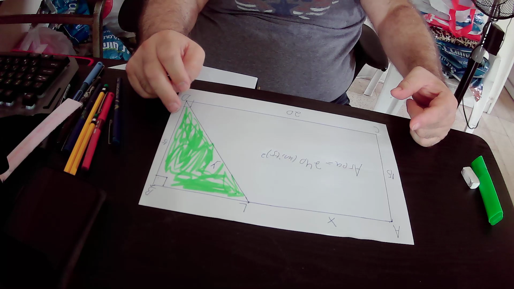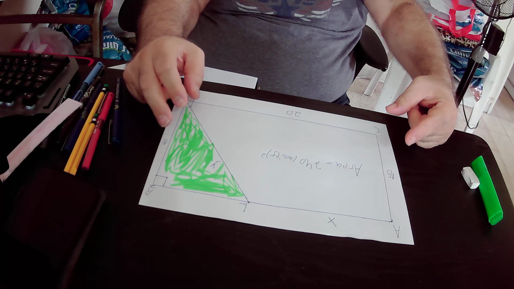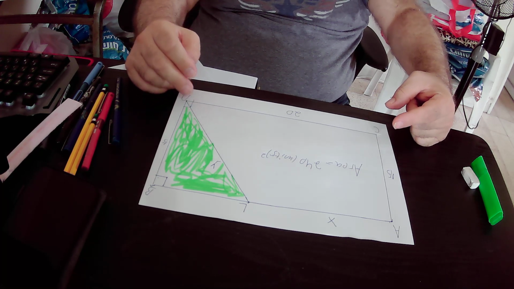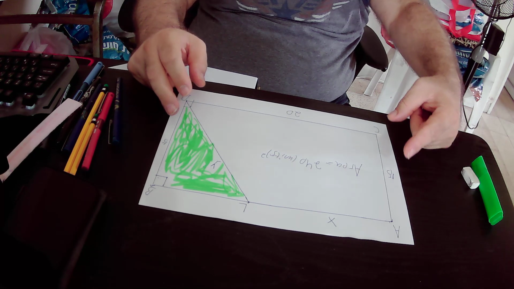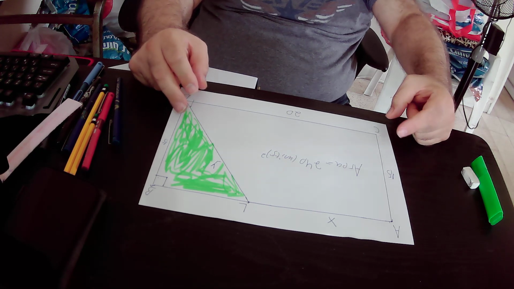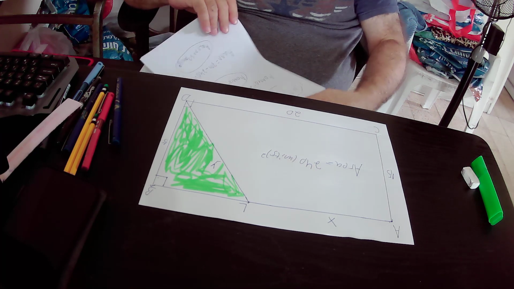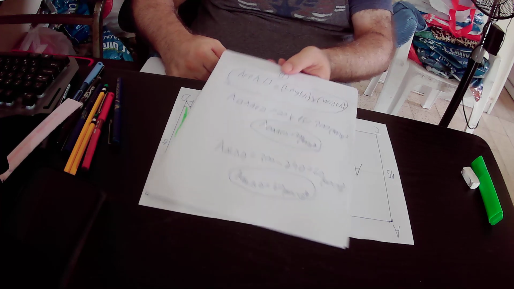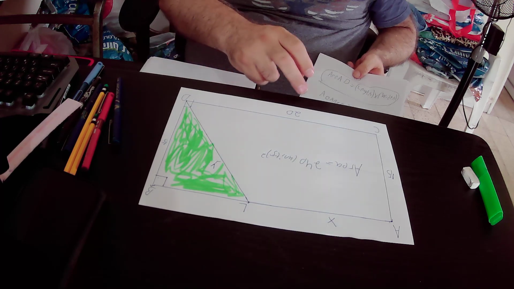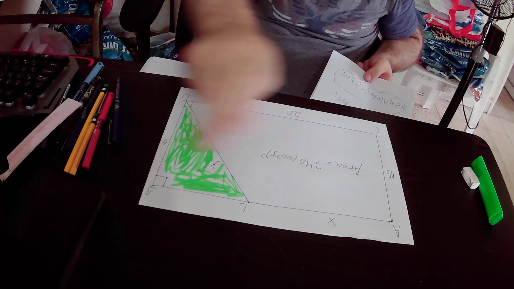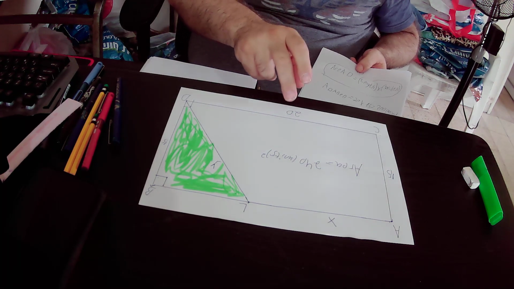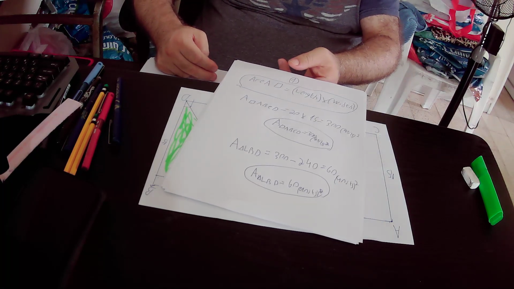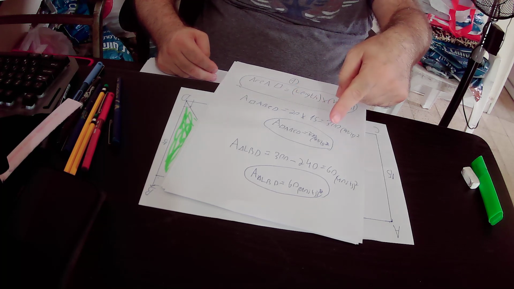In this way, we created a rectangle, and the area of any rectangle equals the length times the width. The area of this rectangle ABCD will be equal to the length, that is 20 units, times 15, that is the width. The area of rectangle ABCD equals 300 units squared.